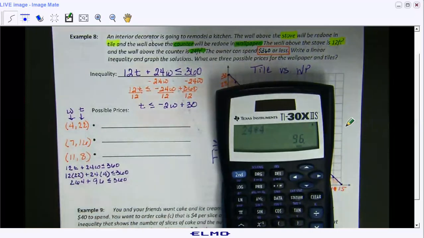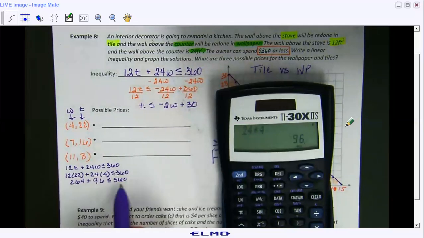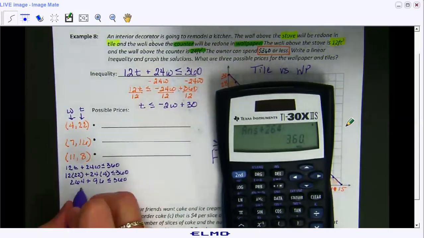How much was the wallpaper? $96. How much was the tile? $264. So if this inequality is true, those are 2 possible prices. So when I take 96 and I add it to 264, I get 360.